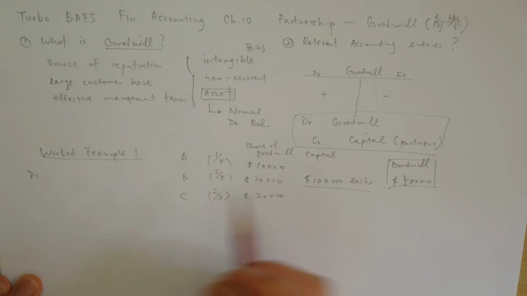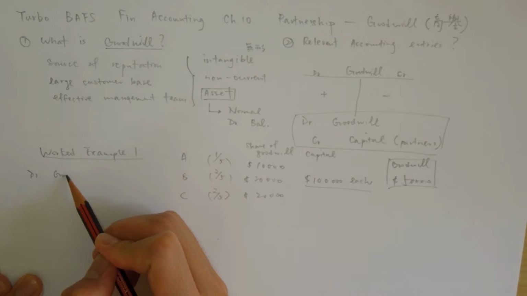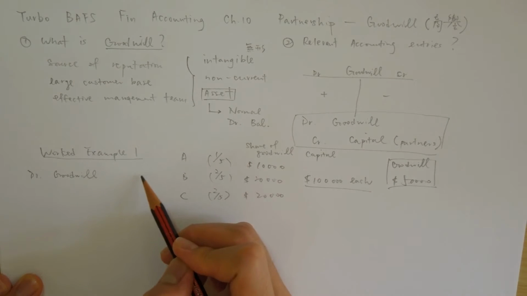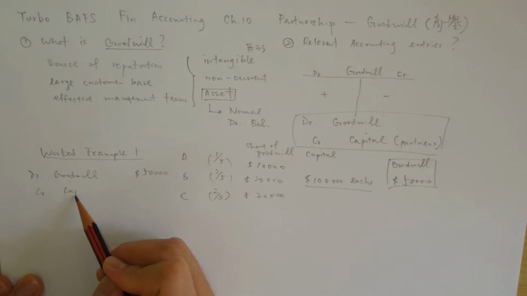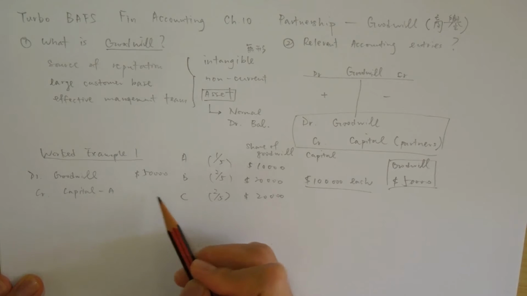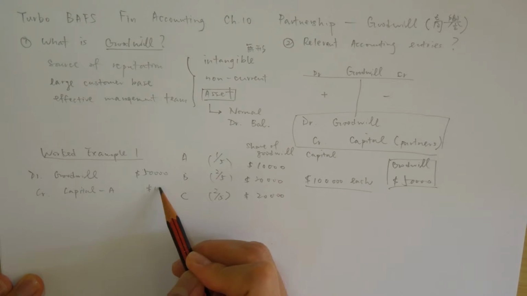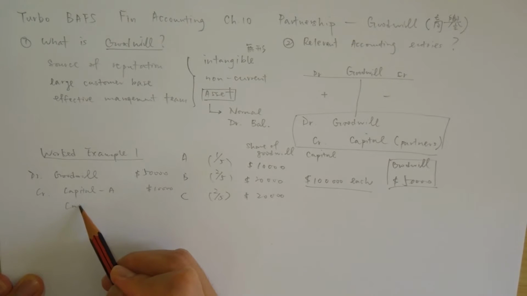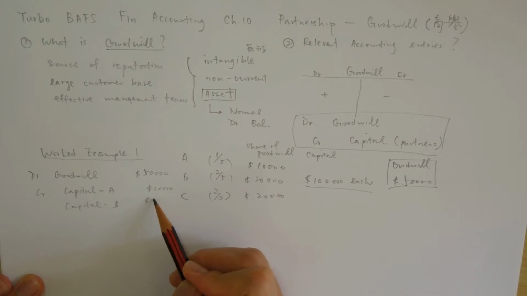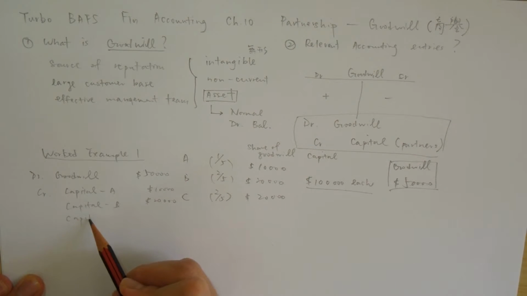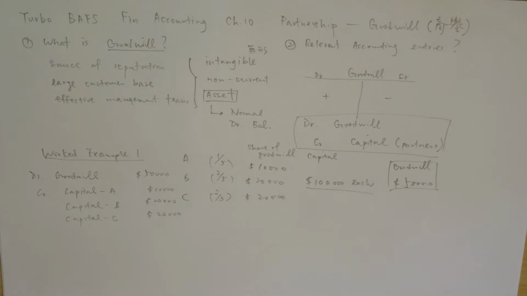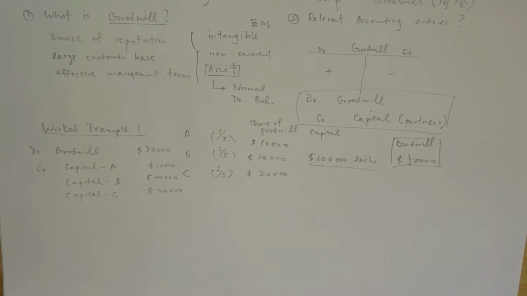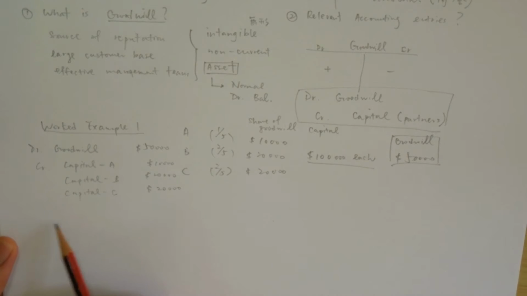You debit the goodwill $50,000 and then credit the three partners' capital accounts: capital account A, capital account B, and also capital account C. Okay, and how it is shown in the accounts is like this.